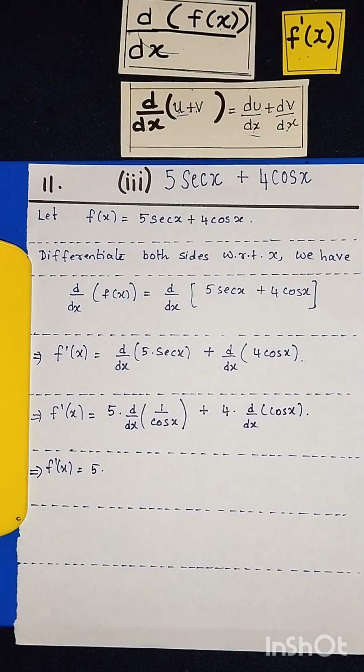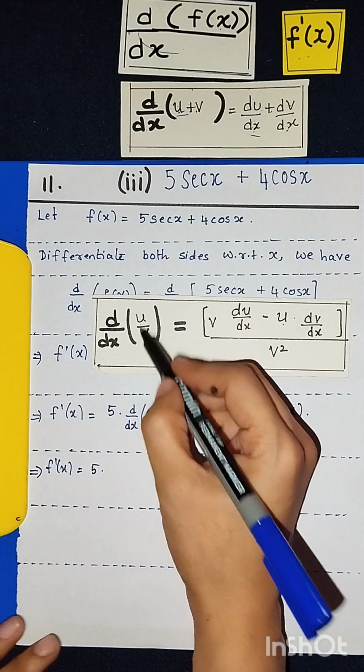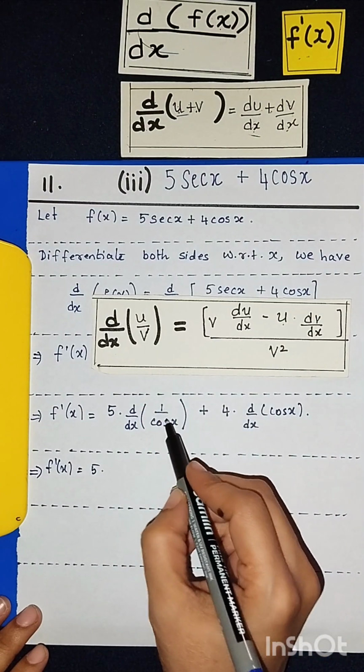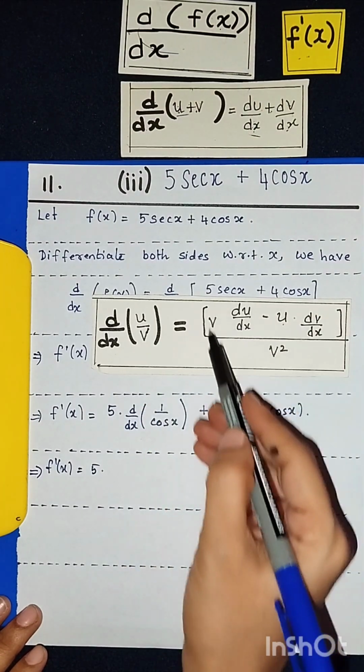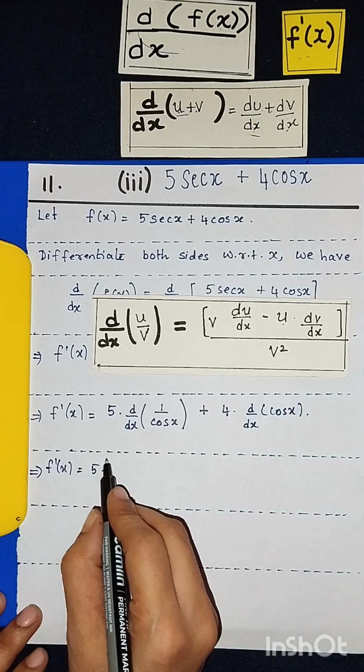Now we will apply the u by v rule here because it is a quotient of functions. So we will apply the algebra of derivatives.